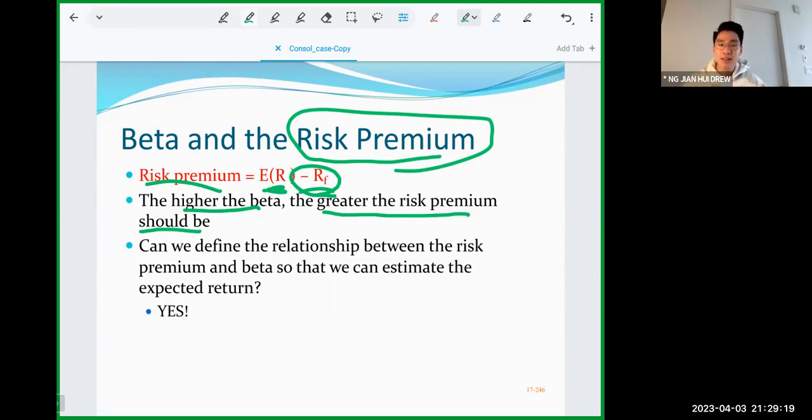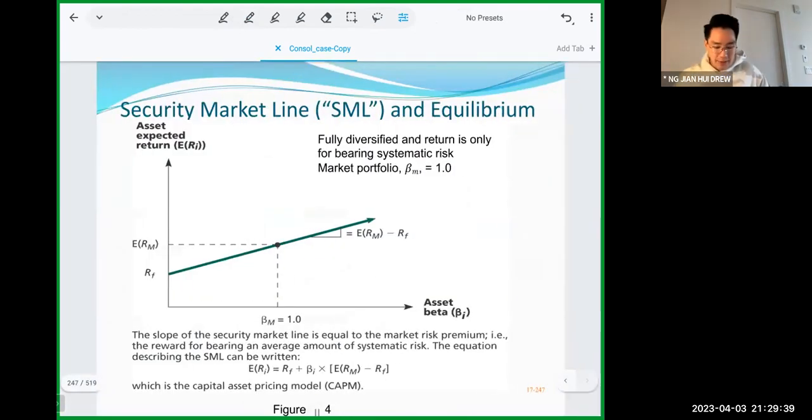So higher beta, higher systematic risk, and therefore higher risk premium, right? So it makes sense. And so we can actually define a relationship between beta and expected returns. All right, okay. So we have this graph here. I want to highlight that this graph is very important, in the sense that in the exam, they will not ask you to plot the graph or something like this.